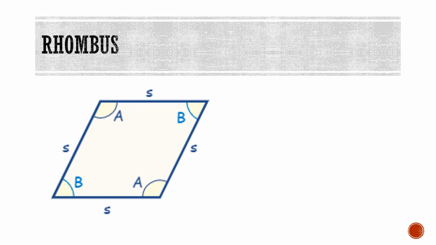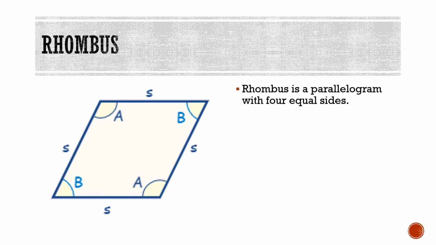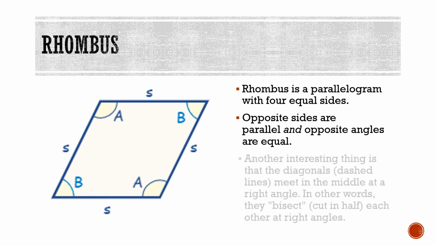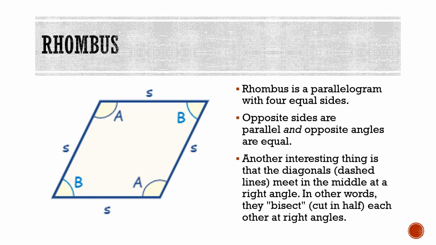Next is the rhombus. A rhombus is a parallelogram with 4 equal sides. The opposite sides are parallel and the opposite angles are equal. Another interesting thing is that the diagonals, or the dashed lines, meet in the middle at a right angle.